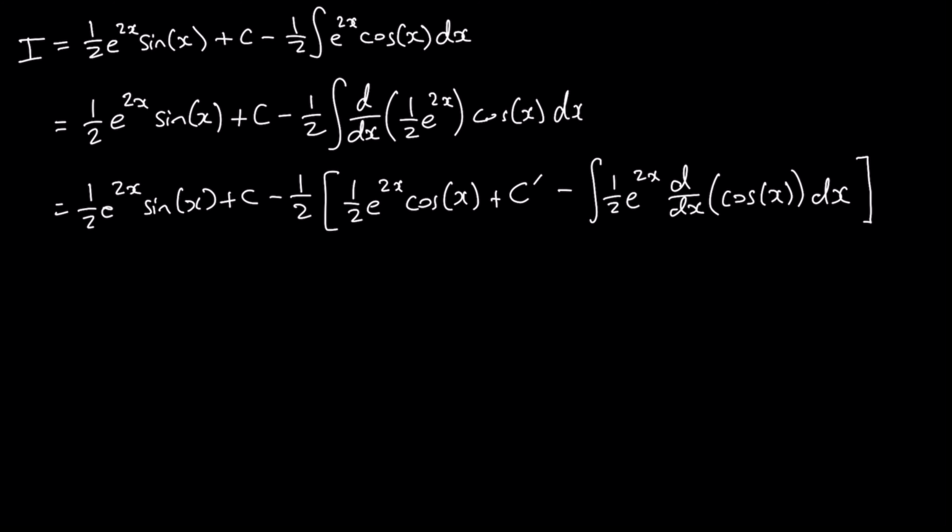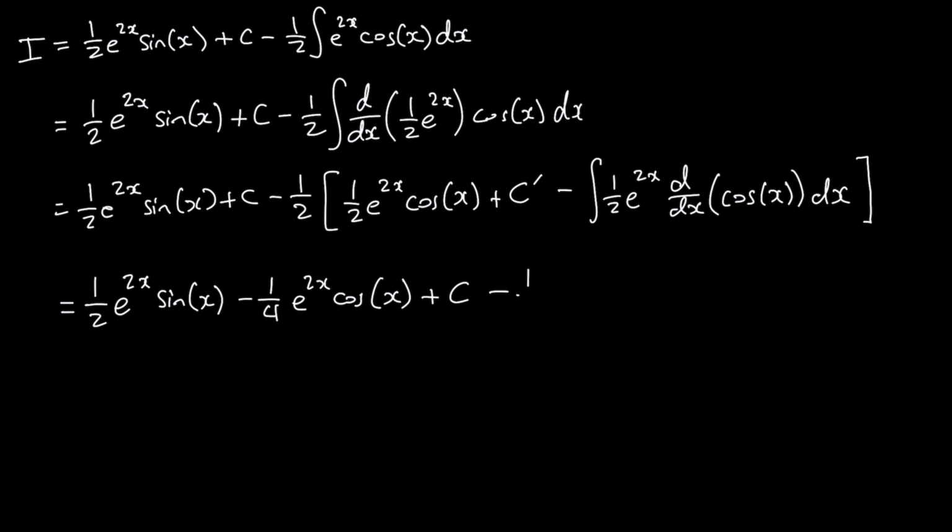So let's rewrite that. Half e to the 2x sine x minus 1/4 e to the 2x cos x plus c, and then minus half, or actually, my mistake. We've got a minus half here and a minus half here. So this is going to be plus 1 over 4. And then the integral of e to the 2x times the derivative of cos x, which is minus sine x.